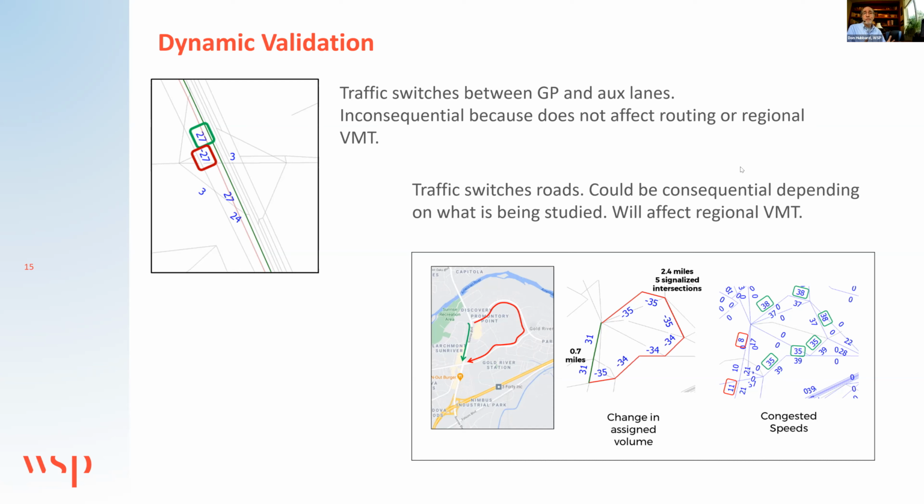It's certainly going to affect VMT, and in this case the numbers are pretty small. If the numbers were large, and you were attempting to figure out what your project's effect on VMT is, having these kinds of spurious results would simply cloud the result that you're looking for. Next slide, please.